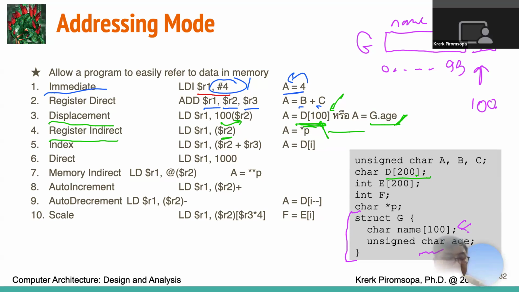This is basically a pointer. If you know pointers in C, this is a pointer. Register indirect. And this is base and index, or sometimes we just call it index. In a sense, index is just a variable. The difference is that in displacement the index is an immediate value, while here the index is another variable.